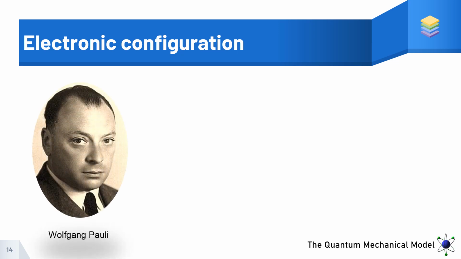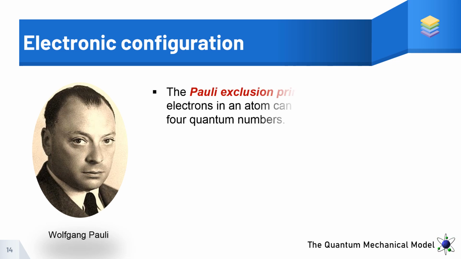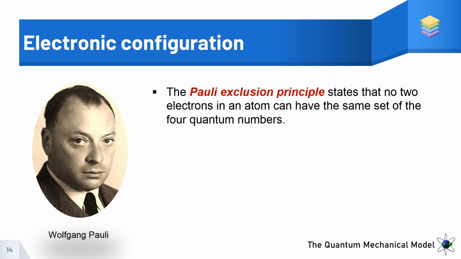Next one, we have here the electronic configuration. This was contributed by Wolfgang Pauli in cooperation with Niels Bohr. This particular concept of assigning electrons follows two principles. These are the Pauli exclusion principle, which states that no two electrons in an atom can have the same set of four quantum numbers.